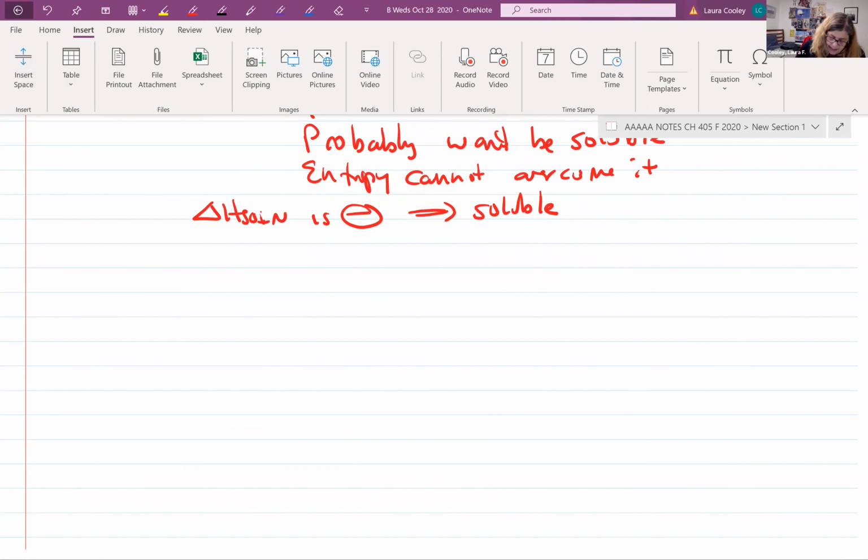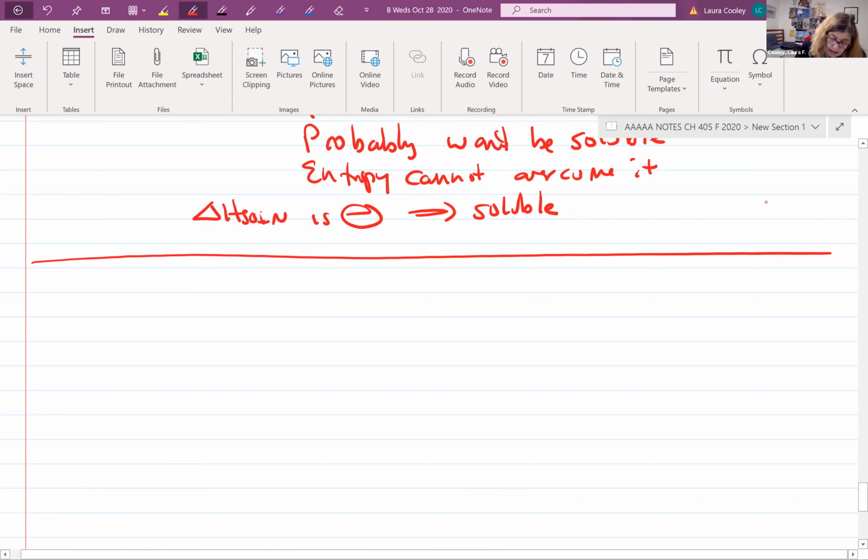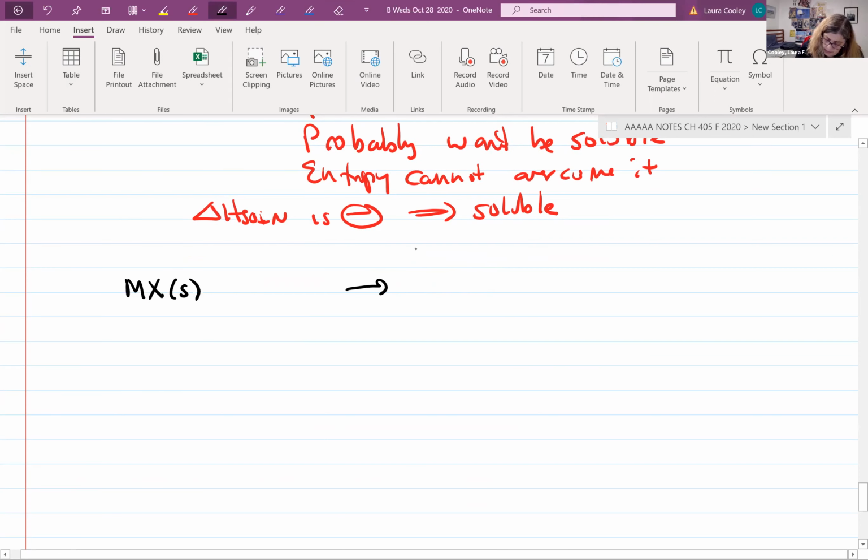But what I really wanted to tell you was something about the sign of the delta H solution. So if you have the same example, and let's say that this delta H solution is positive.